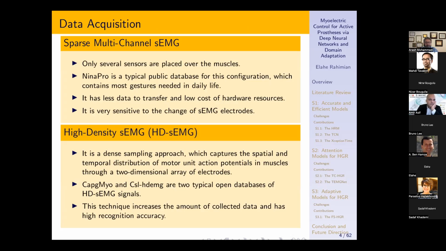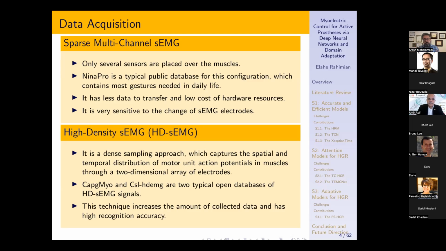For collecting the data, we have two approaches. The first is based on sparse multi-channel SEMG, where the number of electrodes is limited and it is sensitive to electrode shift or electrode location. One of the public and very popular databases here is NinaPro. On the other hand, we have high density SEMG, where we have an array or grid of electrodes.